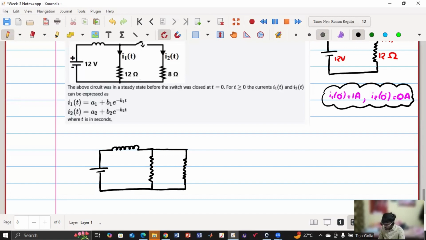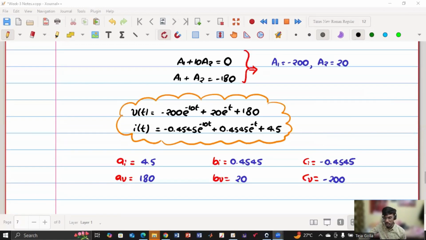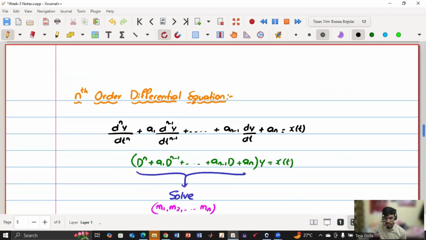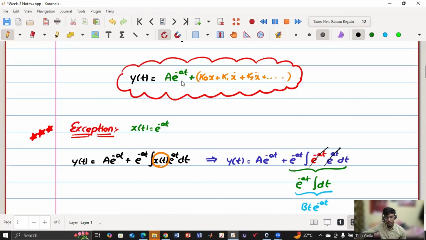Sir, can you discuss the solution once if x of t is constant, if x of t is exponential, if x of t is t in a first order circuit? Okay. So if x of t is not exponential, if x of t is just constant or polynomial, then you can directly use this expression like a into e to the power minus at plus k naught x plus the sequence of the derivatives of x.